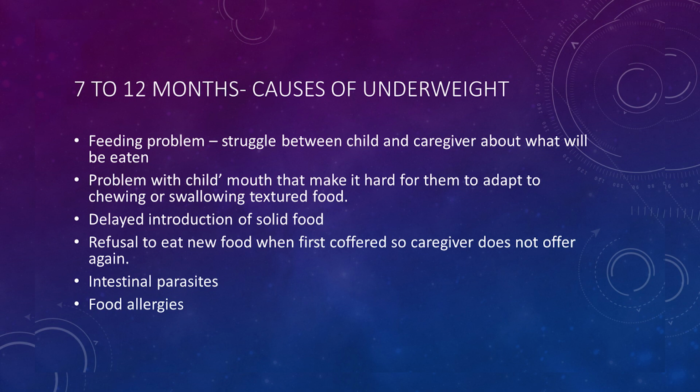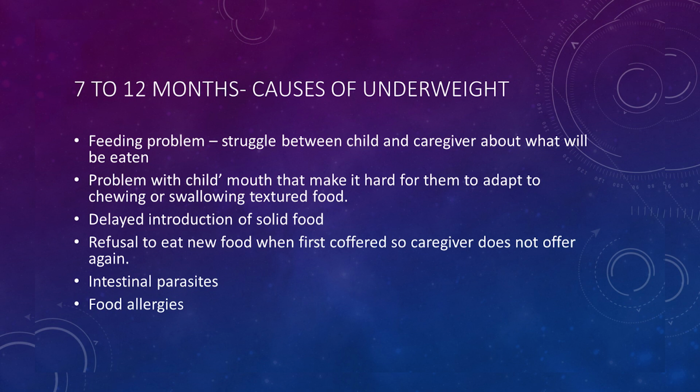Then problems with the child's mouth that make it hard for them to adapt to chewing or swallowing textured food. Sometimes oral candidiasis or other inflammatory diseases in the mouth may cause a problem for the child in adapting to chewing or swallowing textured food. Then a delayed introduction of solid food.